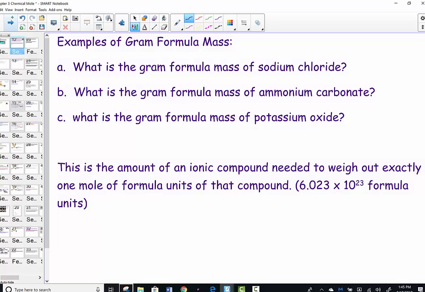Since I know these are formula masses, I know these are ionic compounds, and I have to consider charges when I write out their formulas. So your tool pages, the periodic table, and the polyatomic ion chart, those are your two crutches here to be able to write correct formulas. Write the formulas on your paper to turn in, and then sum each atom to tell me the formula mass.